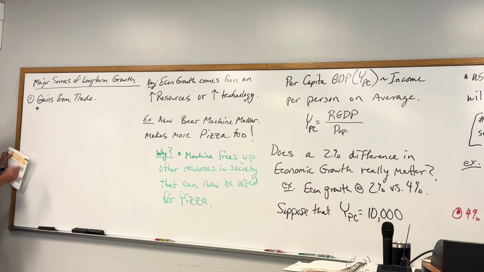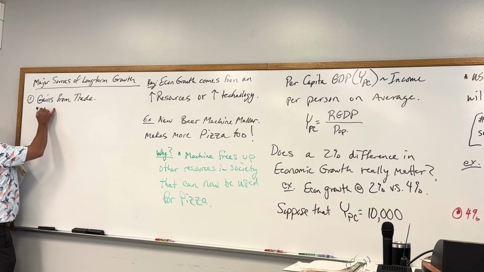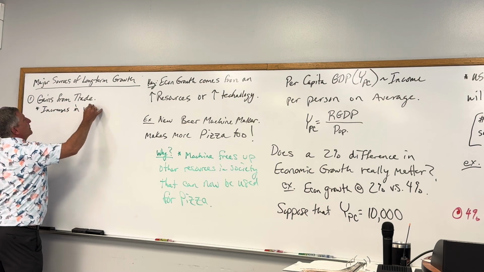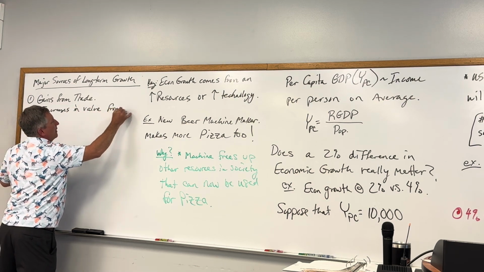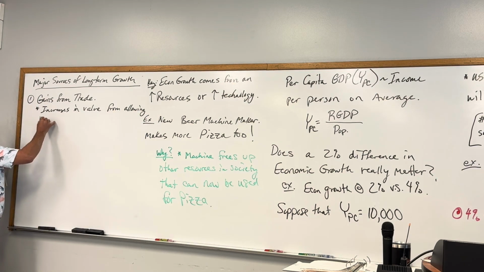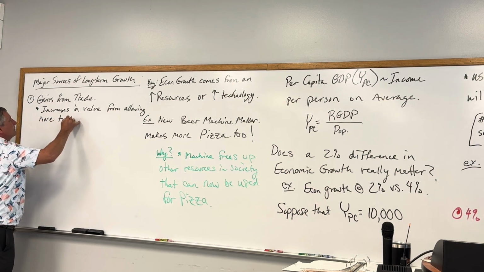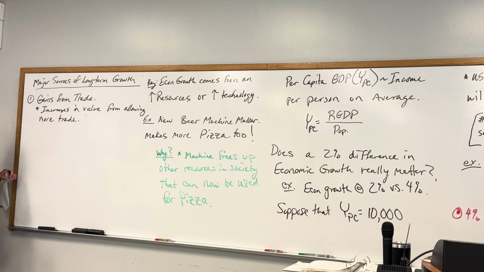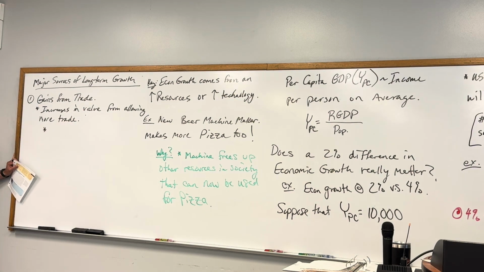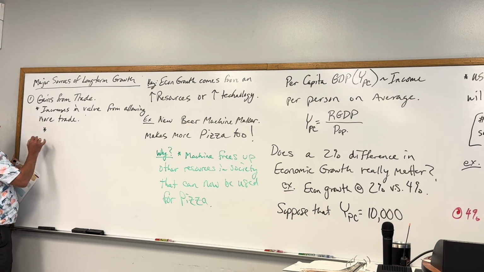So gains from trade are increases in value from allowing more trade. And they come to us within our country and then using international trade. So there's kind of two cases for this.